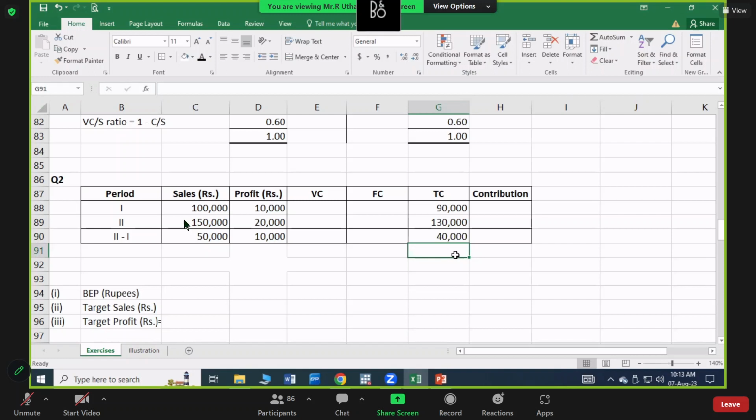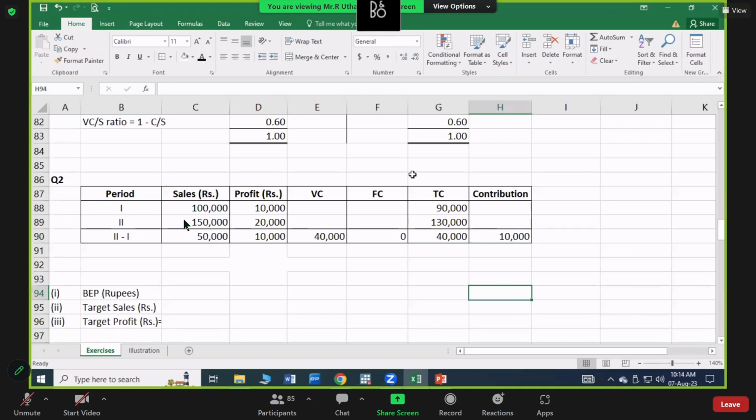So now you can calculate how much the variable cost is. Altogether the contribution is calculated as sales minus variable cost, so it should be 10,000.